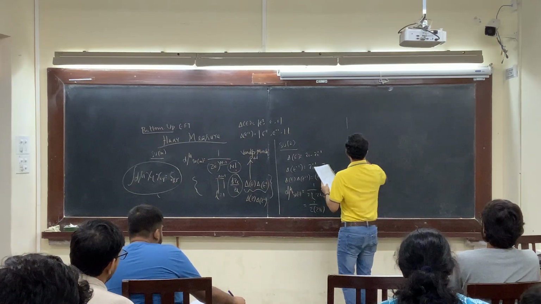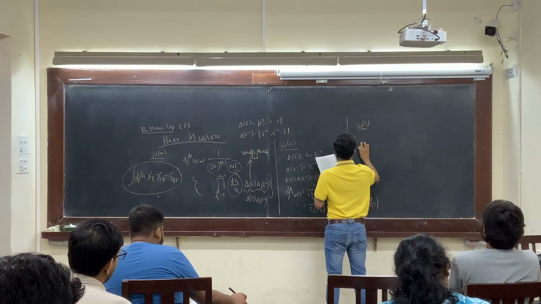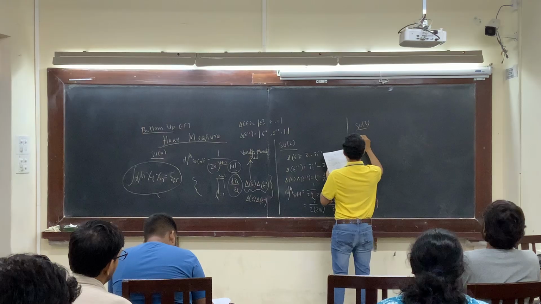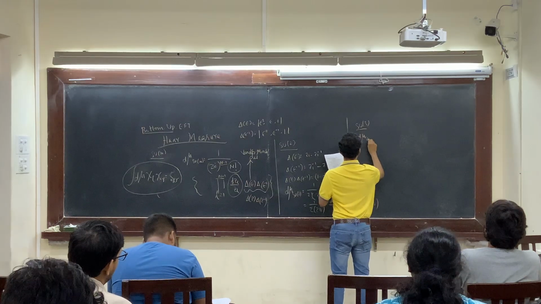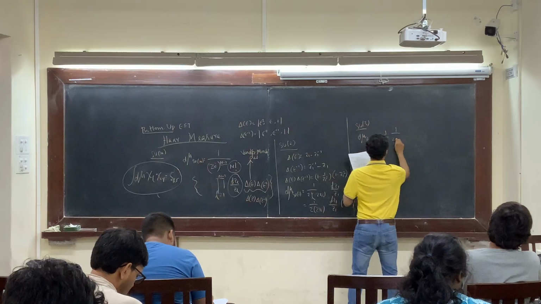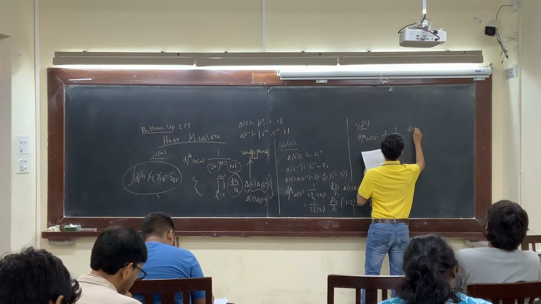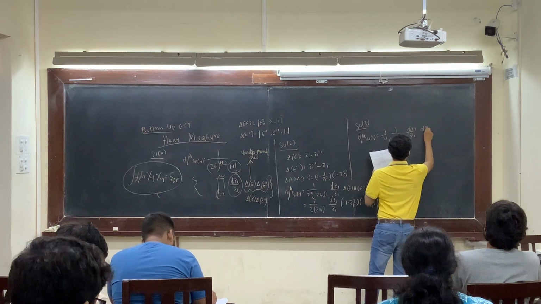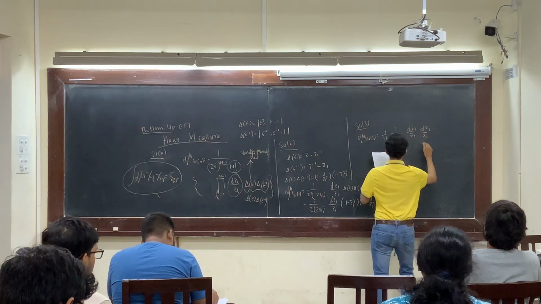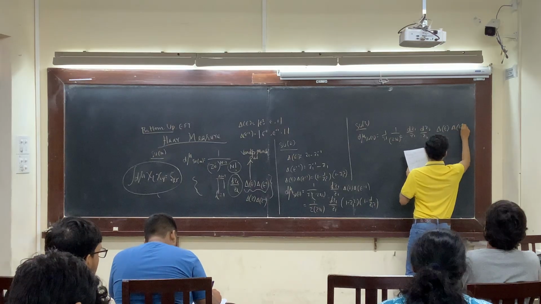Similarly now for the SU3, when I calculate d mu SU3, it will be 1 by 3 factorial, 1 by 2 pi i whole square, dz1 by z1, dz2 by z2, and delta epsilon inverse.